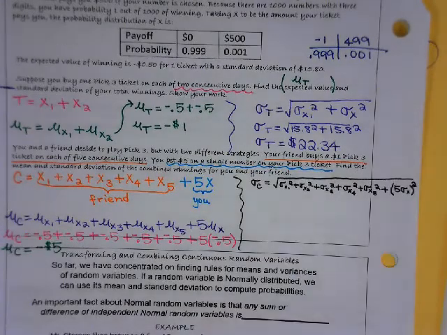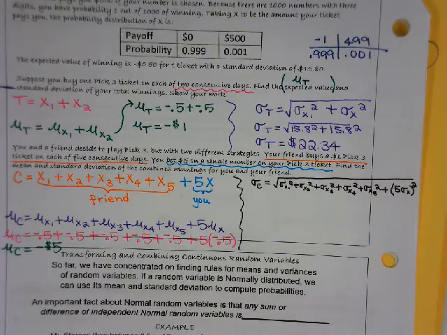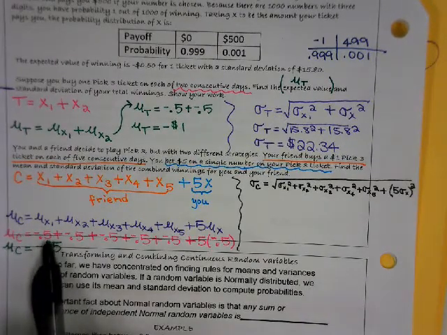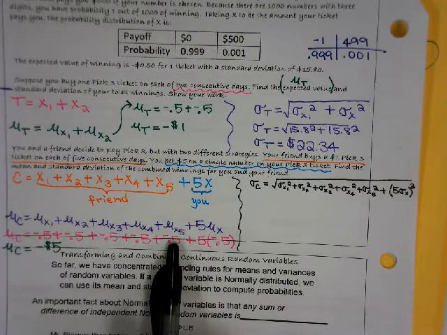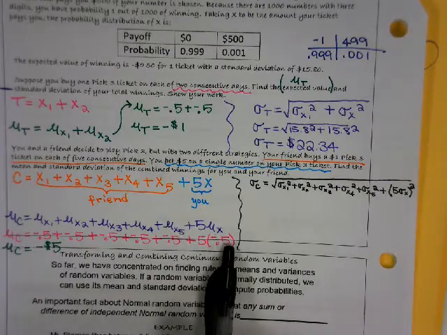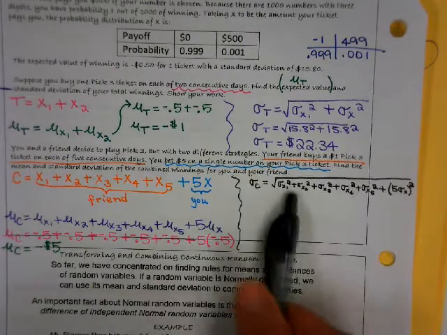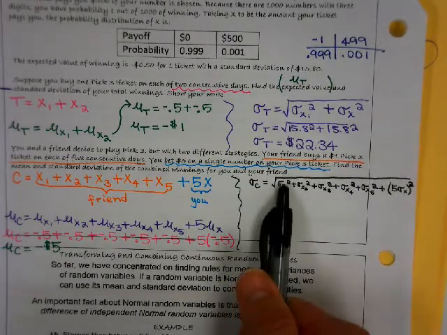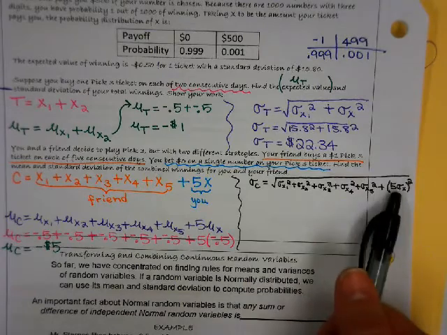And it does make a difference. Like here with the mean, adding negative 0.5 5 times was the same as 5 times negative 0.5. But when we have to work with variances, we want to square them, then add them. If we're multiplying, you multiply and then square, and it will make them be different values.